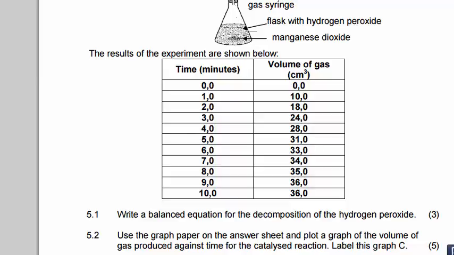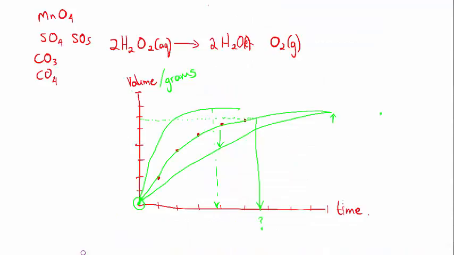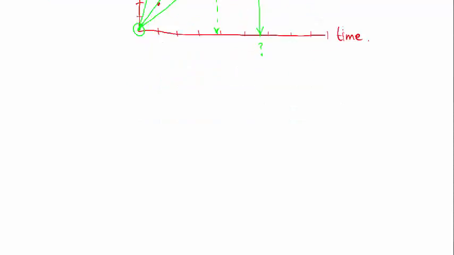So in other words, what we know in our reaction is that in the end, we had 36 cubic centimeters of oxygen.